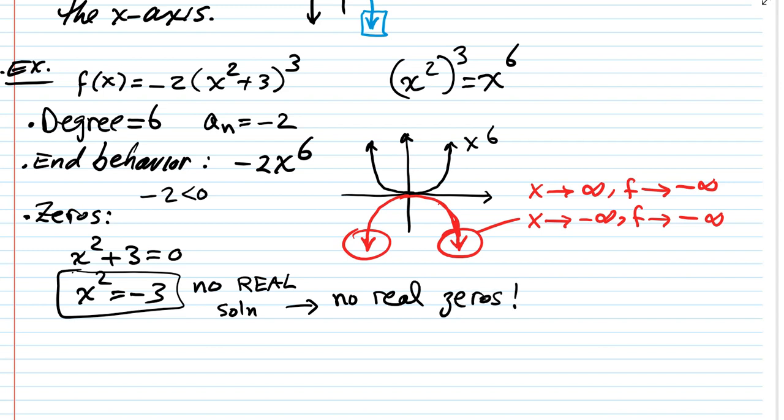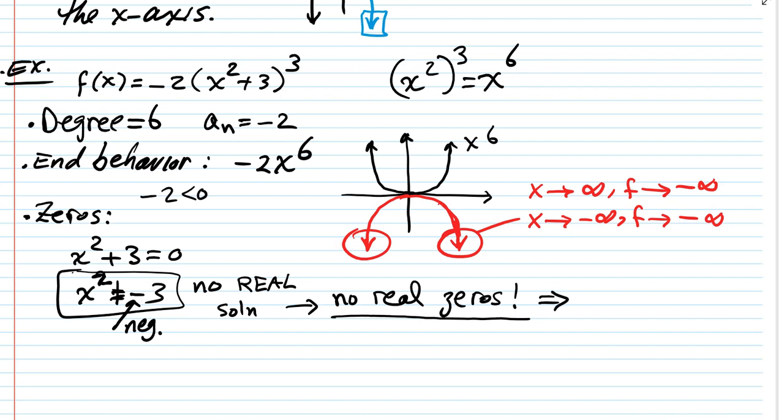And the reason, when you square a number, positive, negative doesn't matter. It's impossible to be negative, right? Like negative 2 times negative 2 is positive 4. Therefore, that's how we know that one has no real solutions. Okay, so no real zeros.